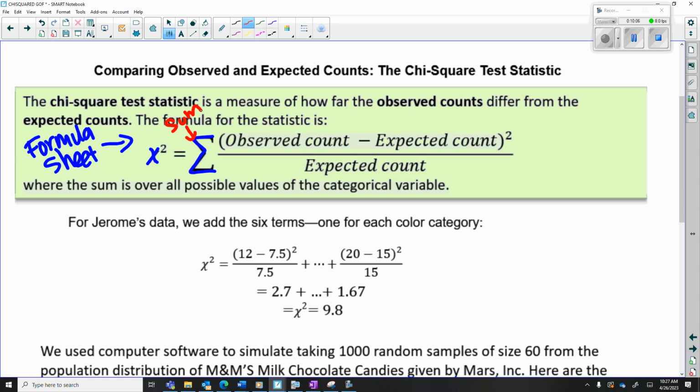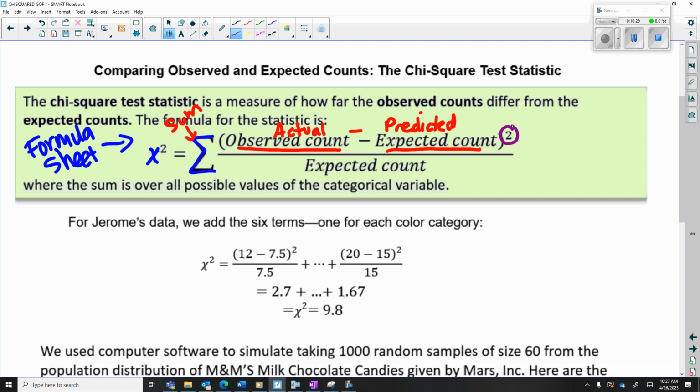So remember, this number means sum, which means add them all up. So what you do is you take the observed amount, which is what actually happened, and you subtract the expected. Actual minus predicted. Doesn't that sound familiar? That's actually the residual formula. So you want to take what actually happened and subtract what was predicted to happen. And then we're going to square them because some are going to be positive, some are going to be negative. We're going to square them to get rid of the negative.